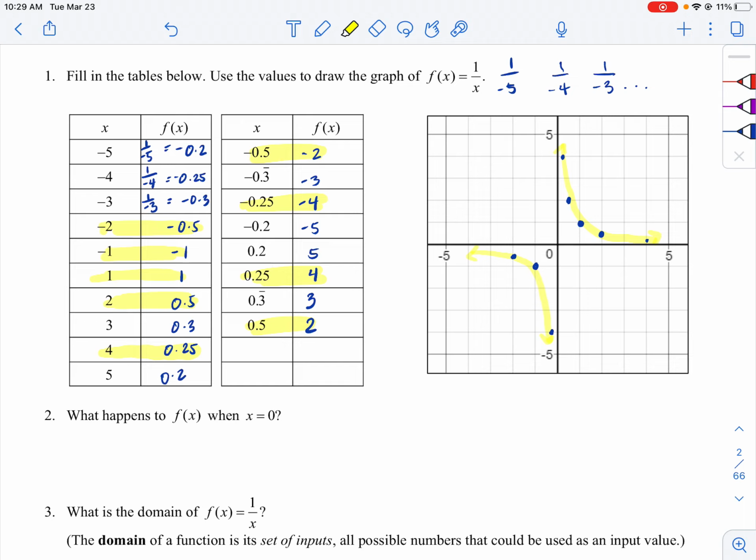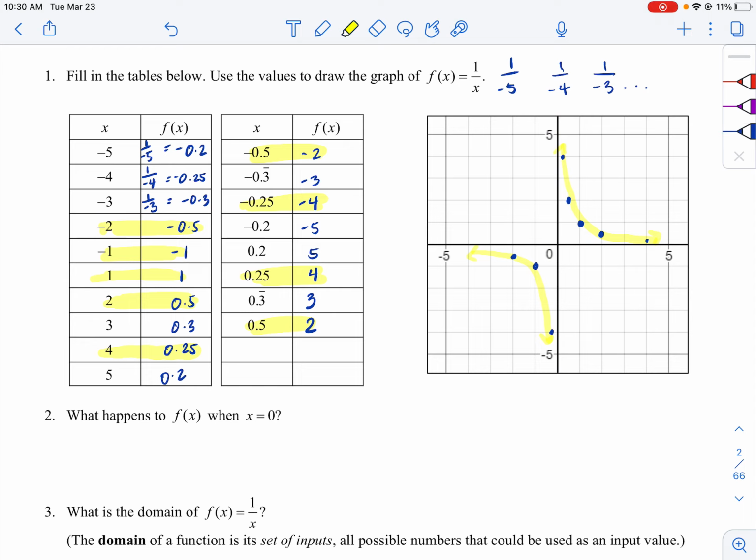As you can see, we have a pair of graphs. On the right side we have its own graph, and then on the left we also have a different graph. If you notice, this graph is not touching this line.